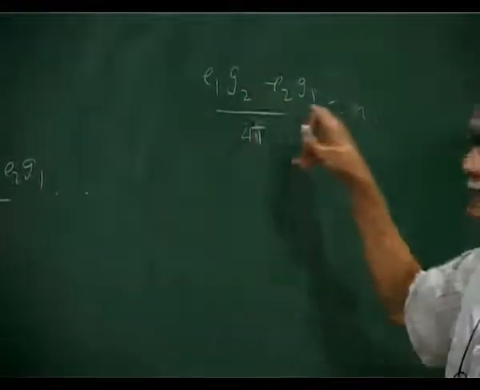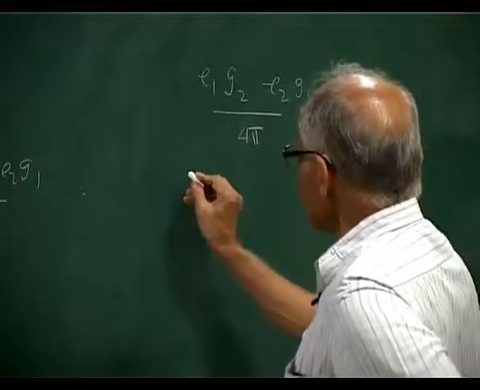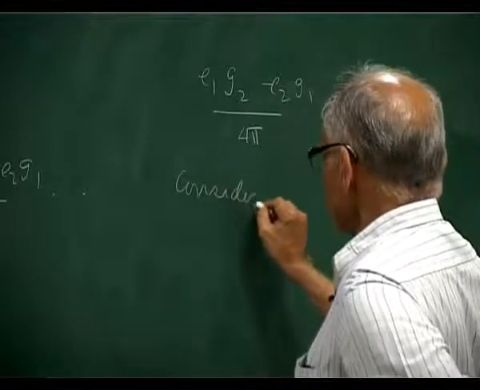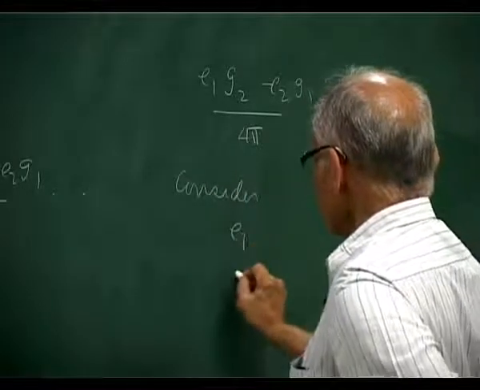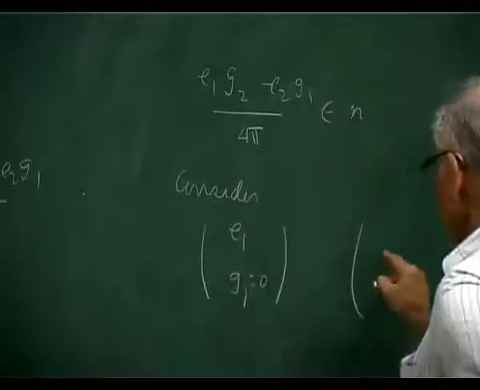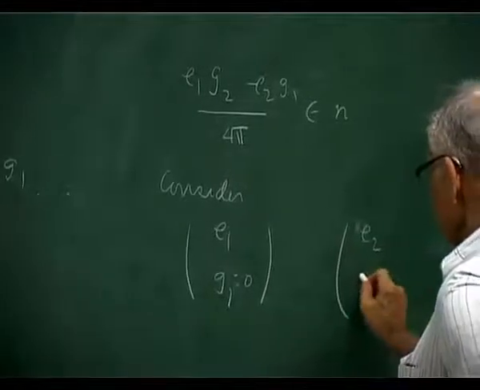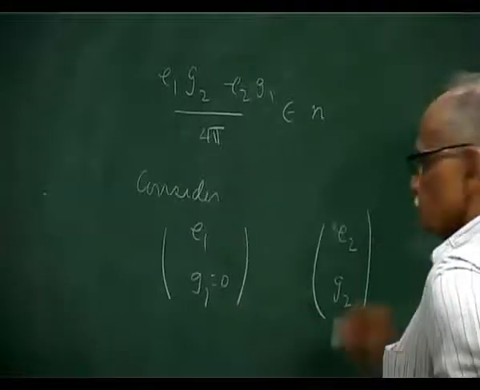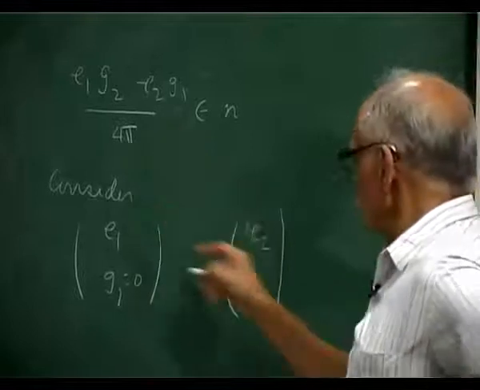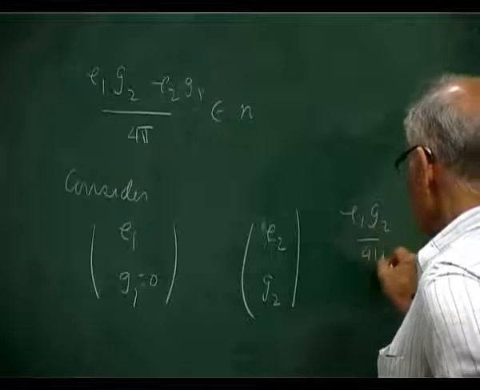Okay, for example, suppose now consider E1 G1 equal to 0, so it's a pure charge, and you consider a magnetic monopole, something with electric charge and also monopole charge. Apply this condition, you will find that G2 over 4 pi is integral.